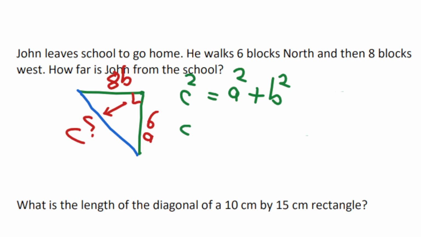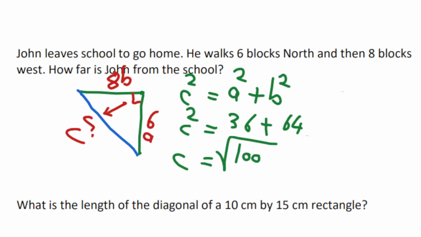That means C squared is equal to A squared, which is 36 because it's 6 times 6, plus B squared, which is 64 because it's 8 times 8. So C squared is 36 plus 64, which is 100. So C is root 100, which is 10. And that's it. This is a nice question.